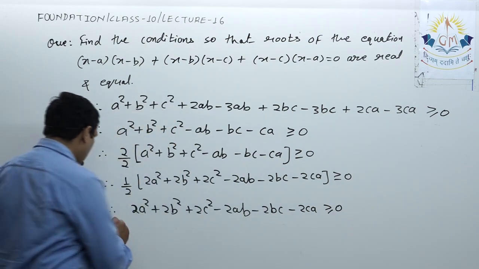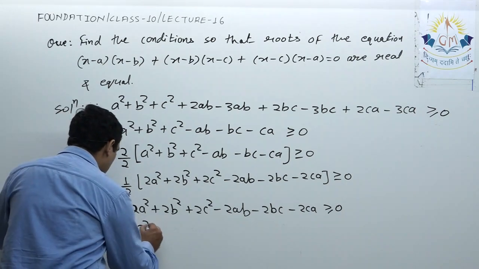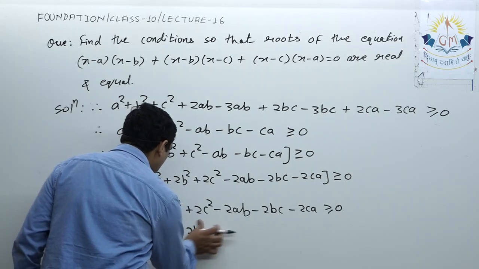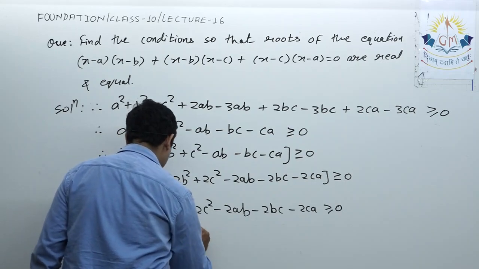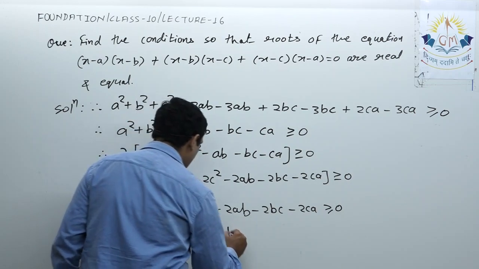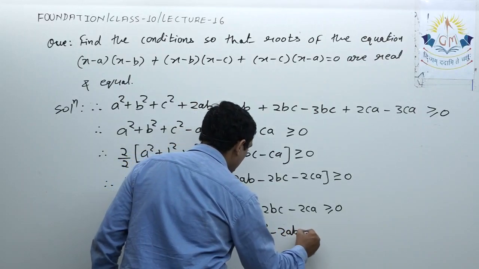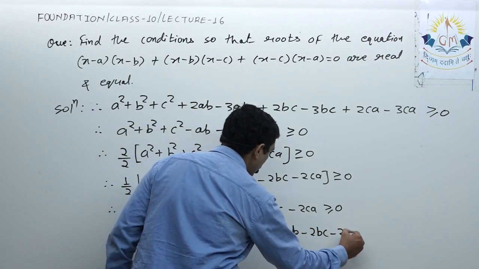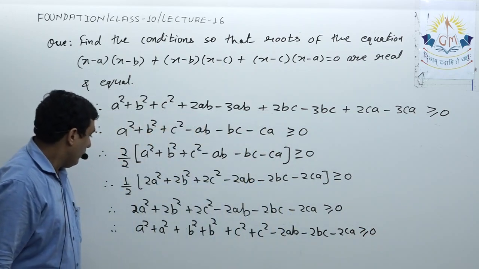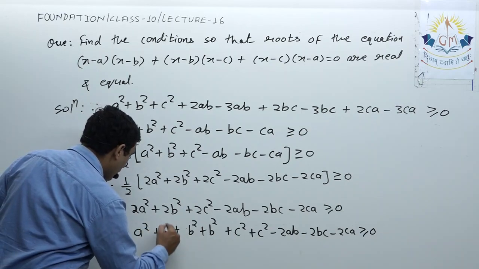Now in the next step, this 2a square I can write as a square plus a square, 2b square as b square plus b square, and 2c square as c square plus c square. Similarly, minus 2ab minus 2bc minus 2ca greater than or equal to 0. Note it down up to this point. It is almost done.